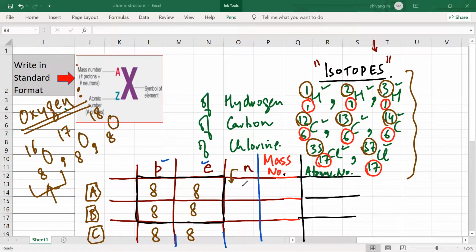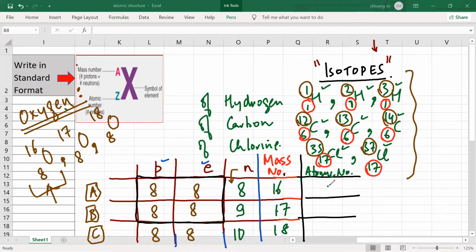Mr. Arman, what should I write here? 8, sir. Shabash. Satya ji, did you understand what I am saying? Yes, sir. Now I have given you the mass number, so now I can ask you what the neutrons are. What should I write here, Mr. Arman? 9. What should I write here? 10. Mr. Satya, are we clear? Yes, sir. Mr. Satya, what will the mass number be? So 16, 17, 18.